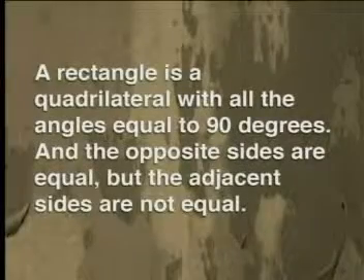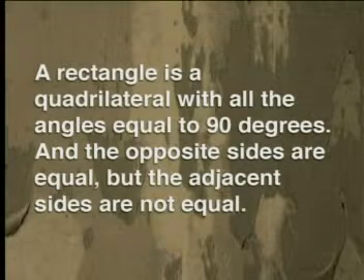Okay, to prove that something is a rectangle, we need to show that it has certain properties. I agree. By our definition, a rectangle is a quadrilateral with all the angles equal to 90 degrees, and the opposite sides are equal, but the adjacent sides are not equal.